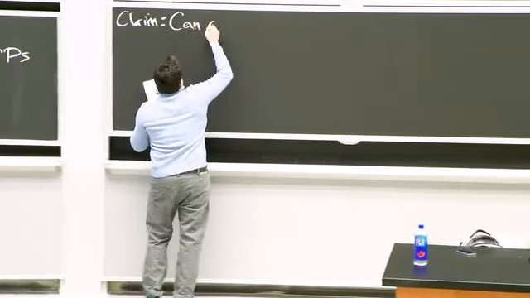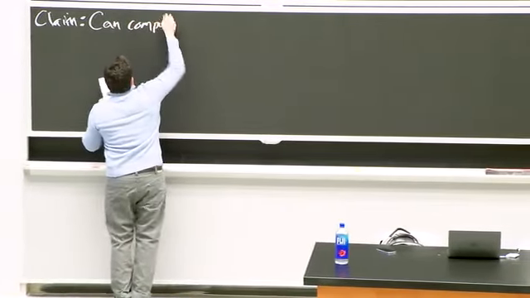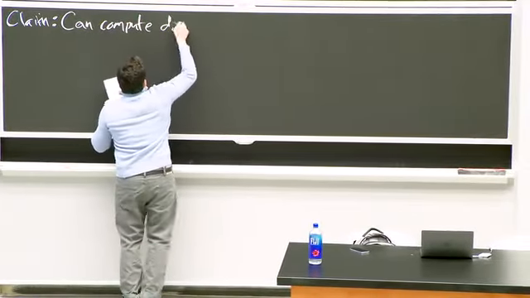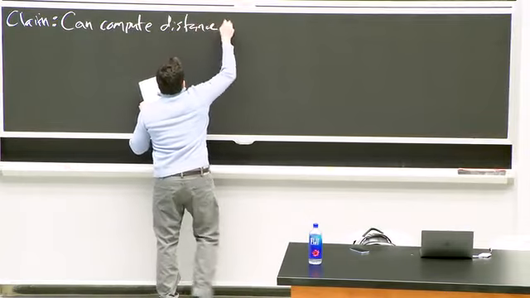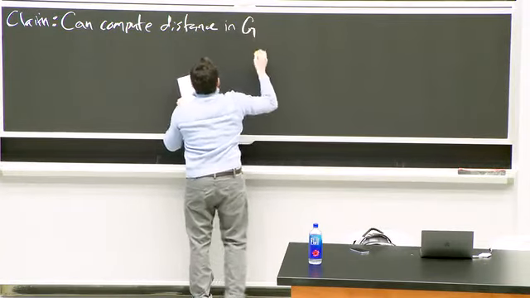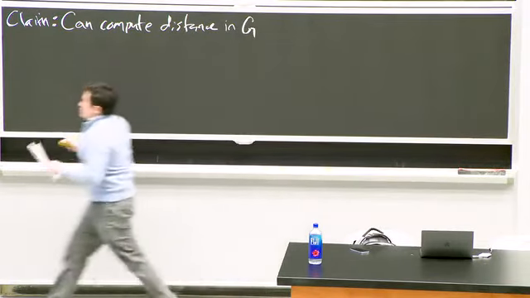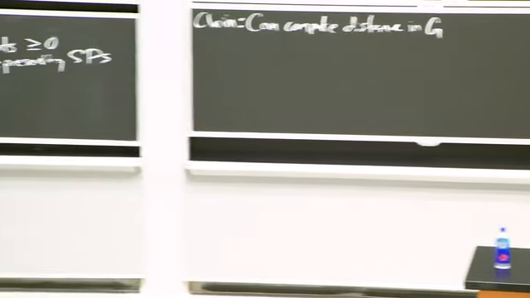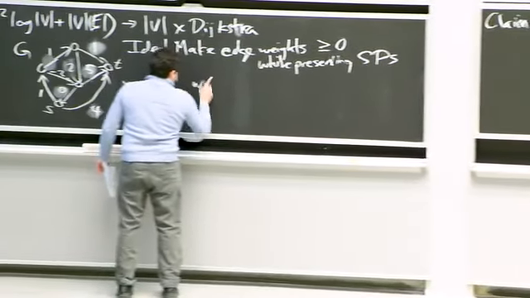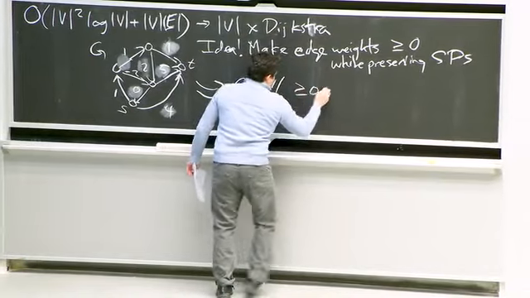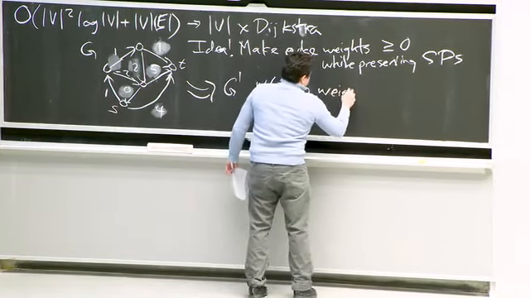We can compute distances in G. So we're going to restrict G prime to have non-negative edge weights.